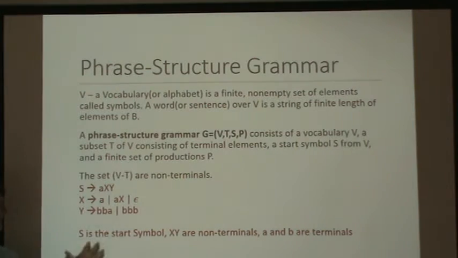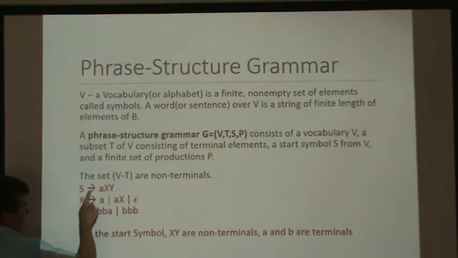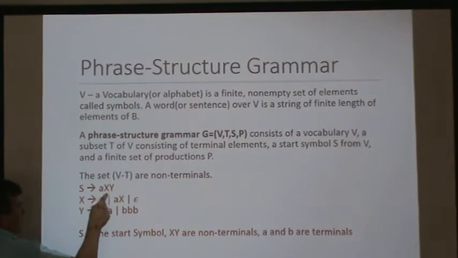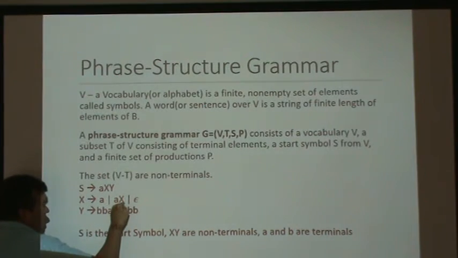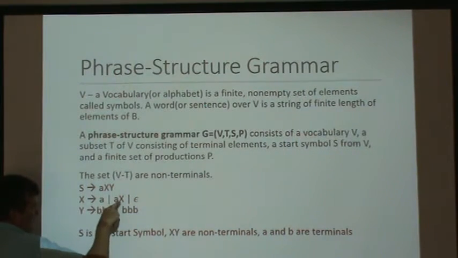So, for example, we can have a grammar where the start symbol starts off with a small letter a, and then has a big X component and a big Y component. Then we further define the big X component, which could be an a, or an a followed by another X, or an epsilon, meaning an empty string.